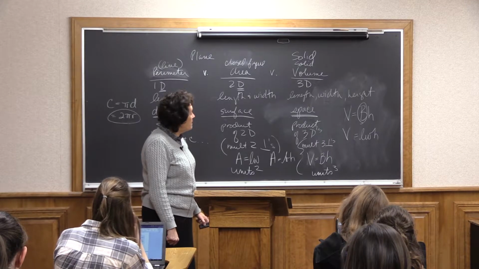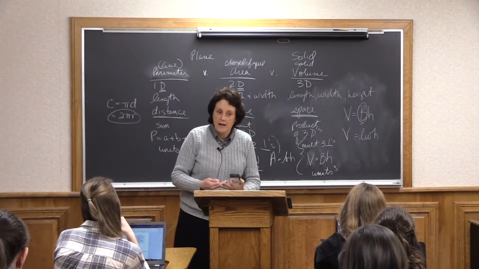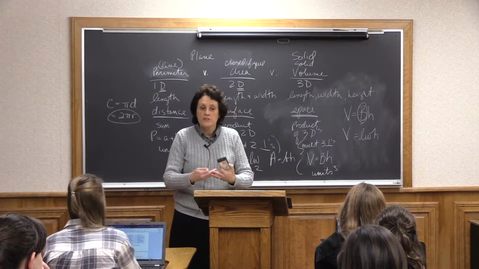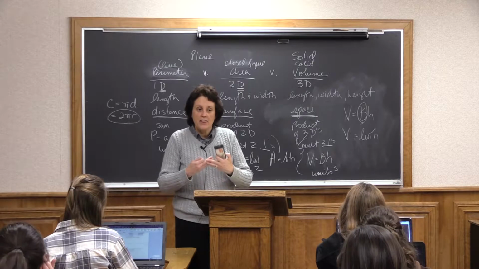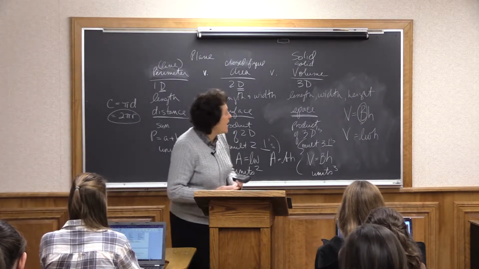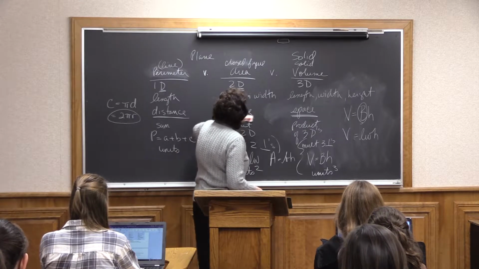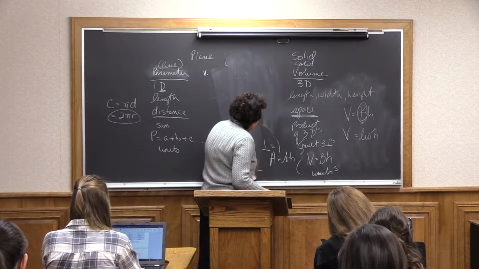All right, so volume is just the next step after area. We're just going to multiply by a 3rd factor, the height. We're going to multiply by a 3rd dimension, the height. So let's spend some time on volume by itself.